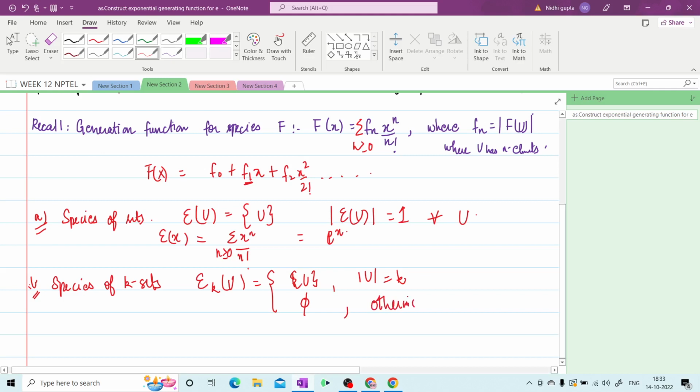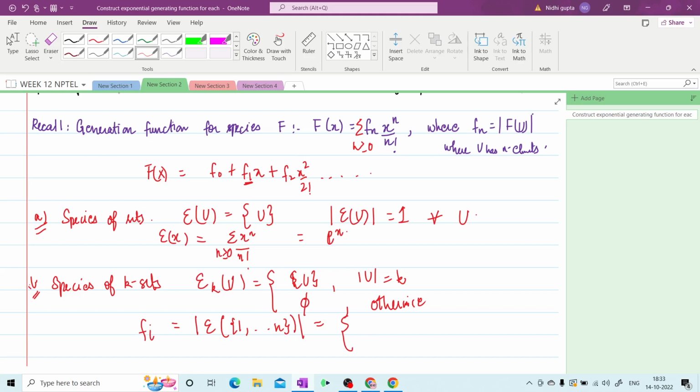So what is fn? It is the order of epsilon of a set consisting of n elements. So we see that it is the indicator function for k sets. The order is 1 if n is equal to k and 0 otherwise.